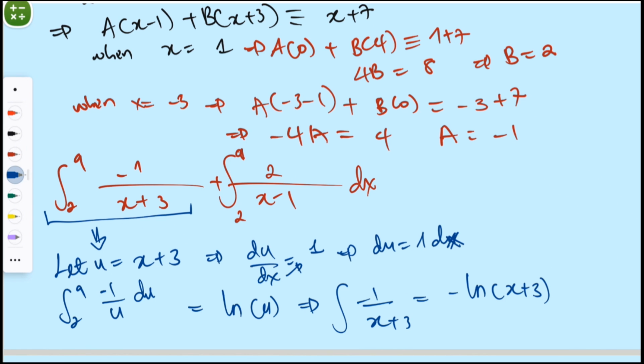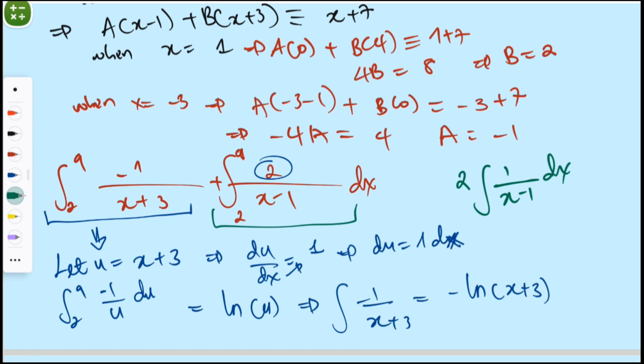For the second part, very similar now that I already explained the first part. So I'm going to take this 2 out so that it becomes 2 times the integral of 1 over x minus 1 dx. Similar like I said, this would be 2 natural log of x minus 1.